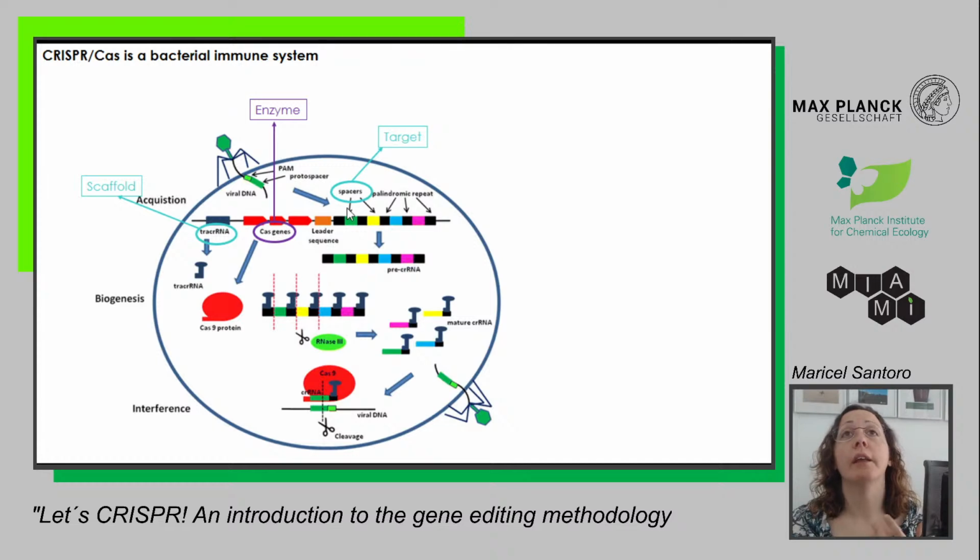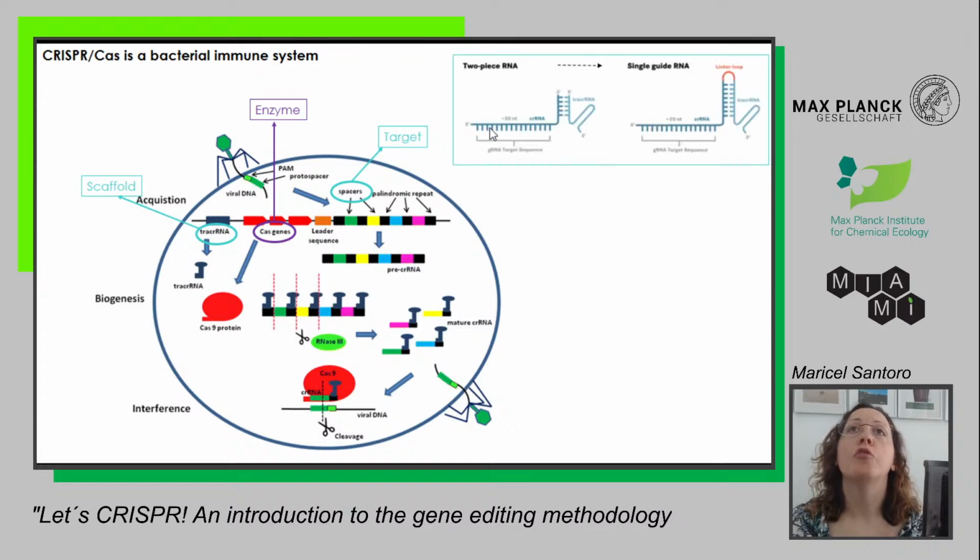The modification of this system, and why it earned a Nobel Prize last year, was because they made it simple. These two pieces of RNA were made into one piece of RNA, adding a loop here. So it's easy to build, easy to produce, and low cost.